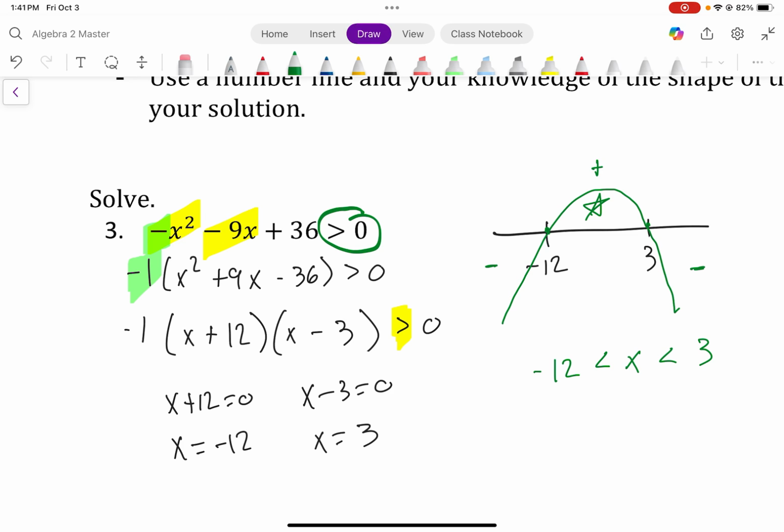If it was a greater than or equal to 0 in the original question, I would put less than or equal to in my answer as well. But this is my final solution. Any x value between negative 12 and 3, not including negative 12, not including 3, will give me a positive result. Have a great day, everybody.